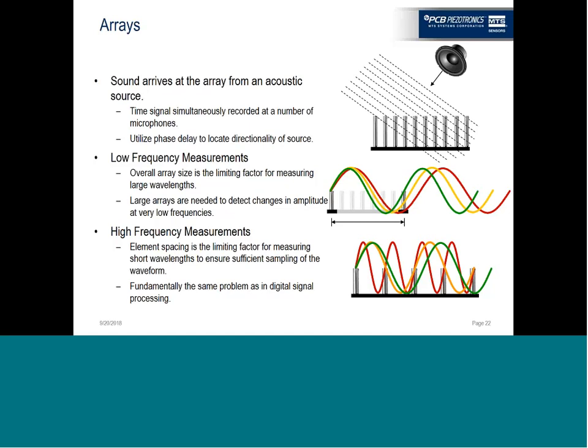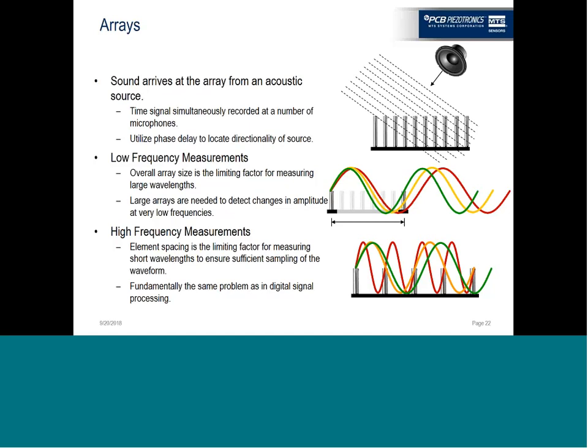Low frequency measurements are limited based on the wavelength that you can measure with your array. So the bigger the array, the lower the frequency you can go. At the same time, you have the same problem with high frequency measurements that you have with sample frequency. If you really want to measure really high frequencies, it's completely dependent on what the sample frequency is.